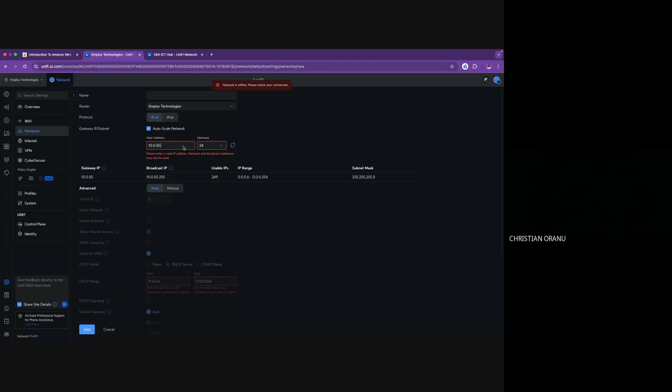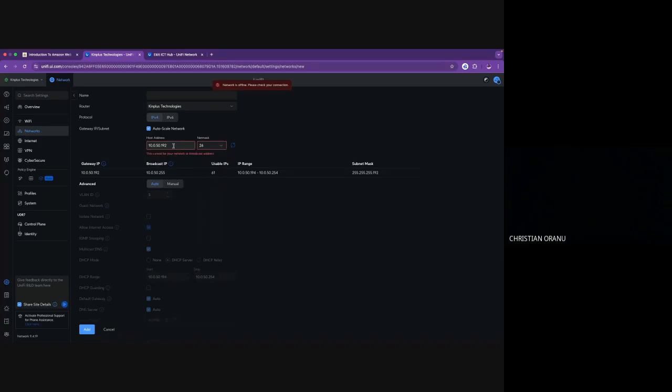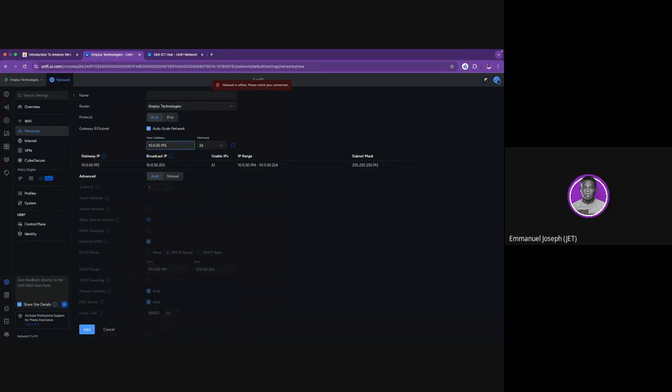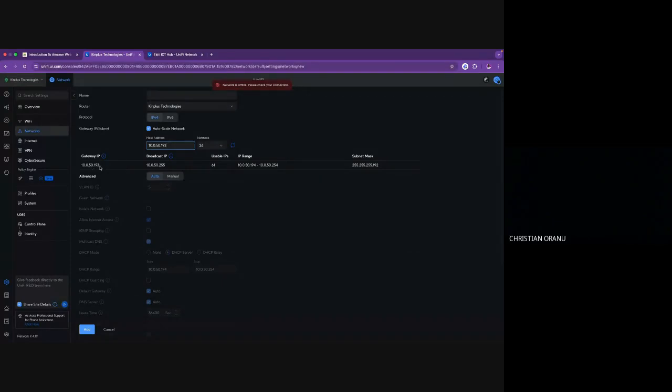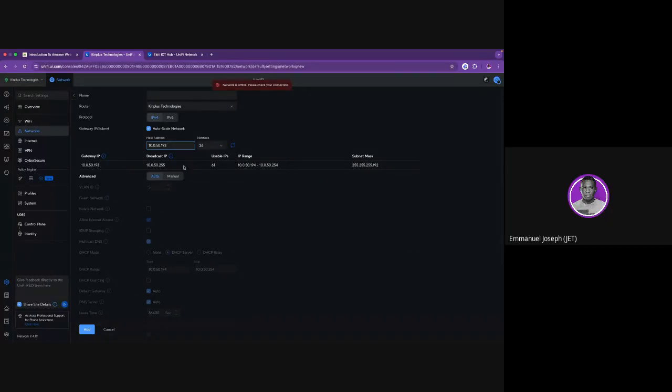So if you add 64 to the next, you're going to get 192. So it's now going to be 193 over 26. Exactly. So you now see our extra gateway network IP. So let's call this class C subnet 4.